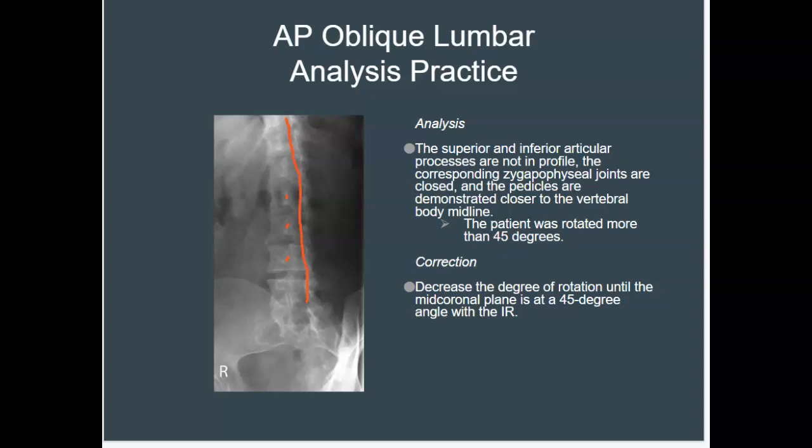So this should automatically tell you that you are excessively rotated. We need to decrease that degree of rotation until the mid-coronal plane is at that 45-degree angle. Additionally, of course, your zygapophyseal joints will be closed and those pedicles will be demonstrated closer again to that midline of that body.